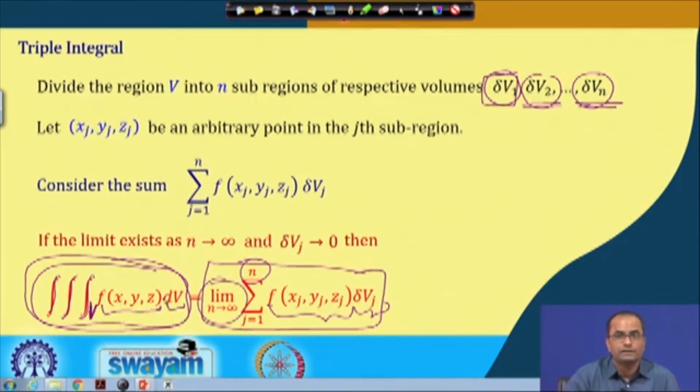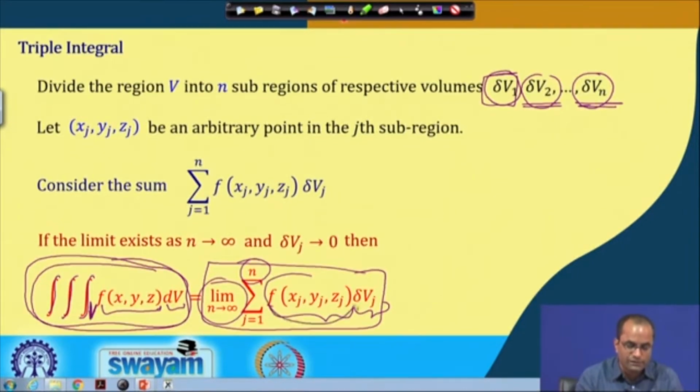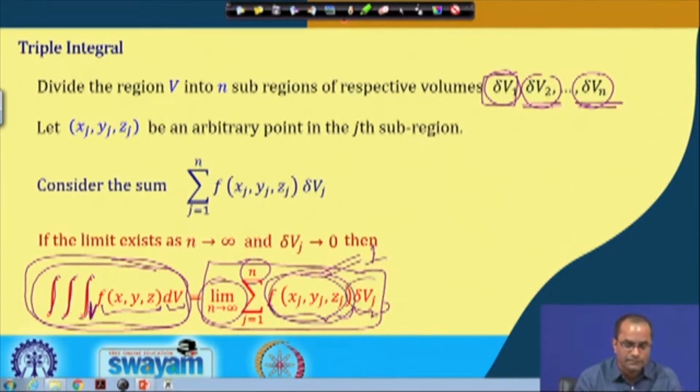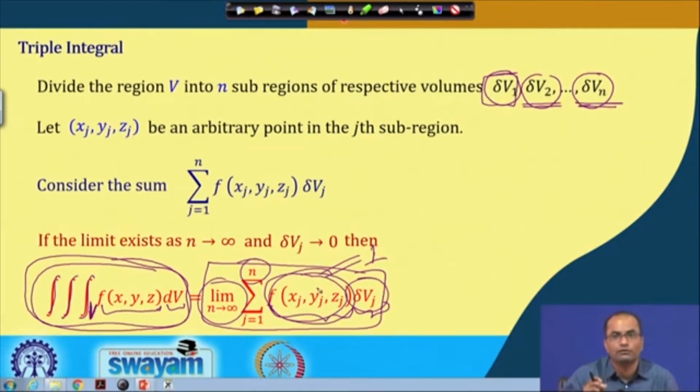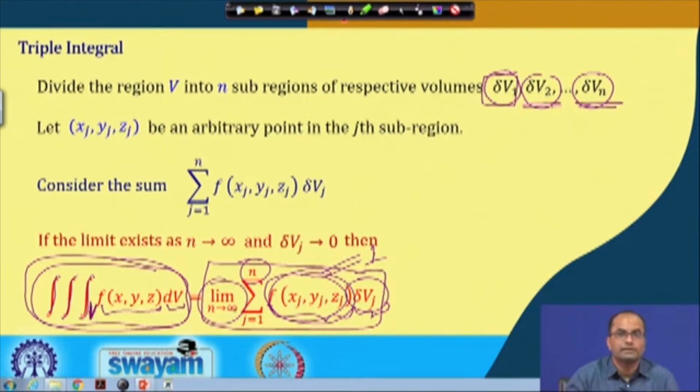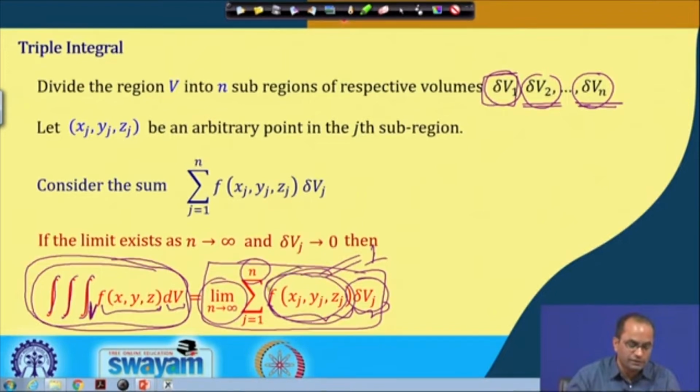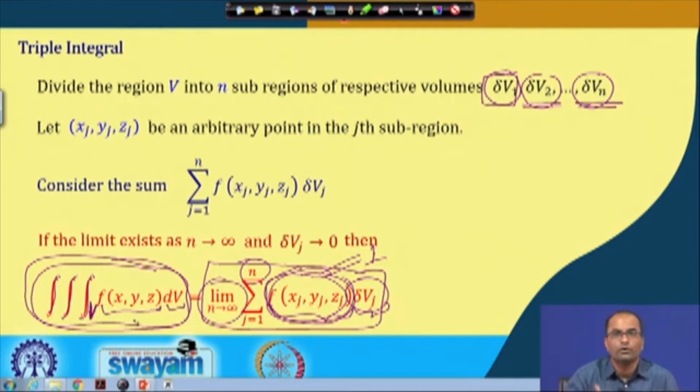Again, the physical interpretation, if we want to take a quick look. If for example this f is set to be 1, that means there is no f here. We are basically adding this delta V j, the volume of each subregion, and then taking the limit. So, by considering this f as 1, we will get nothing but the volume of that region again. Using the double integral also we have computed the volume.